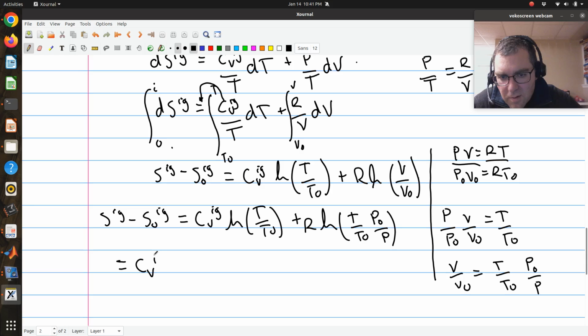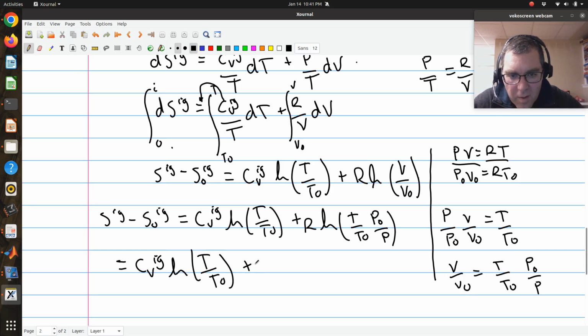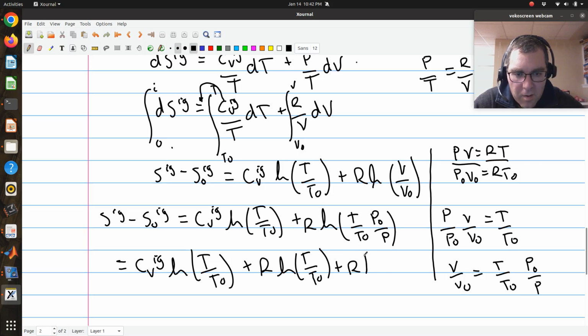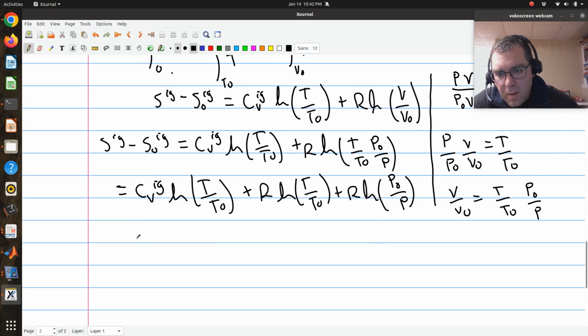So this is Cv ideal gas log T over T naught plus R log T over T naught, plus, this would be the sum of logs, R log P naught over P.